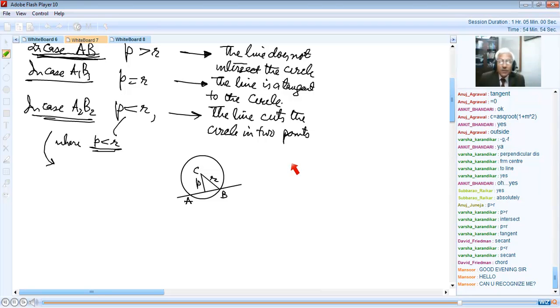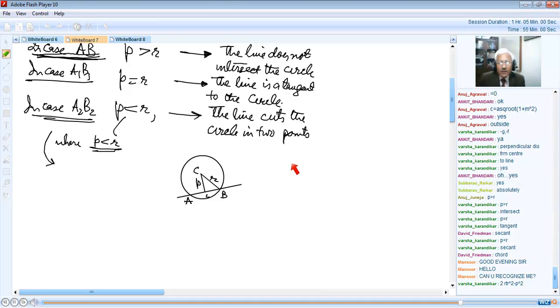What is the length of the chord? That's right, it is twice the square root of R square minus P square. That is the length of the chord AB. That's a very convenient way of finding the length of the chord. Very good.